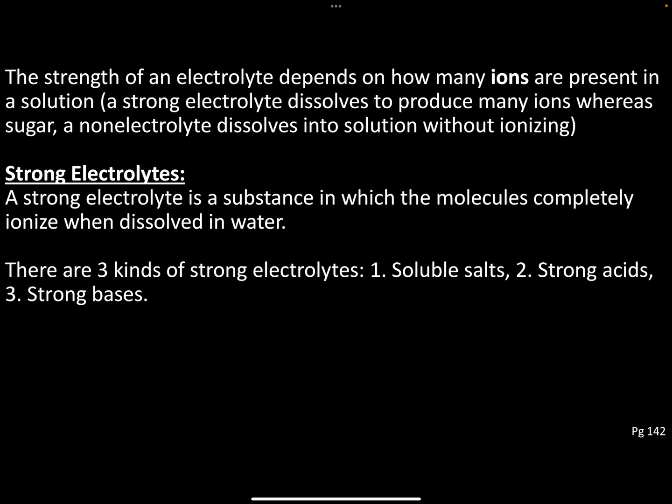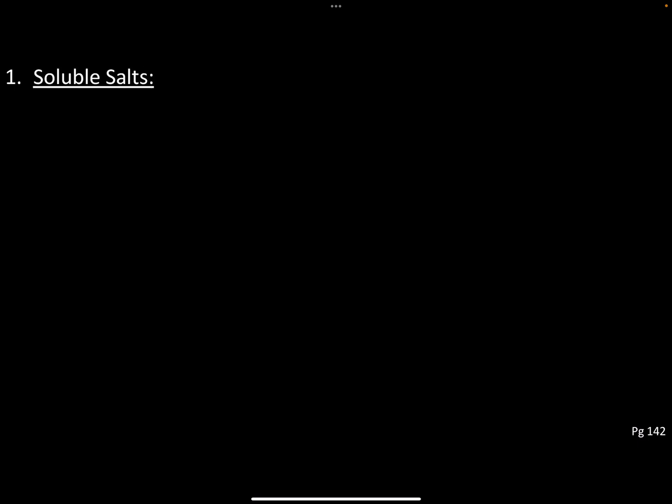But they are both very ionized. So a strong acid will have a lot of H+ ions. A strong base will have a lot of OH- ions, which means those things have a lot of ions in them, right? So even though they're both measuring different things, they can still be very strong electrolytes.